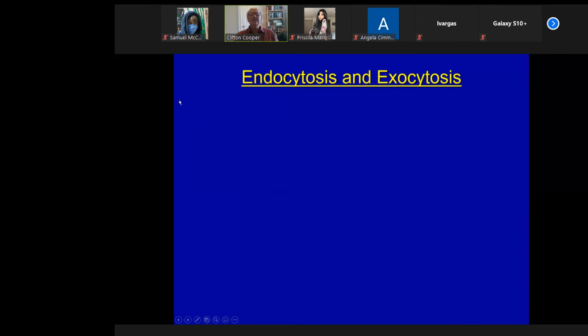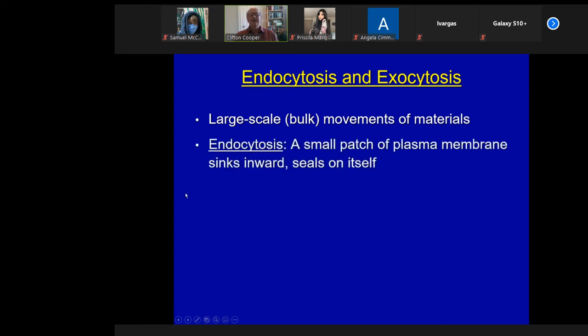Well, we have then these two ways of moving stuff in bulk: endocytosis and exocytosis. And here we're talking about moving a lot of stuff at once into a cell or out of a cell. In endocytosis, some of the plasma membrane invaginates and it seals off into a bubble, a vesicle inside the cell, and it contains something that came in from the outside.